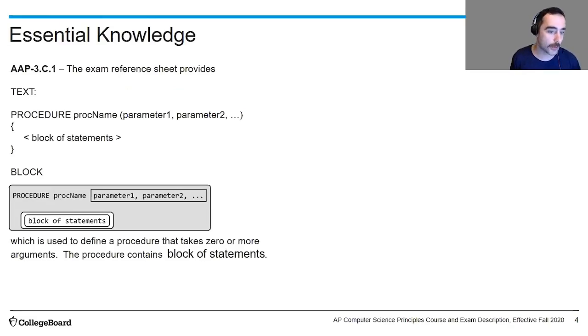Just as a reminder, a procedure is a named group of programming instructions that serves a purpose. And we break it into two categories: procedures that return a value, some type of data, and procedures that just execute a block of statements.